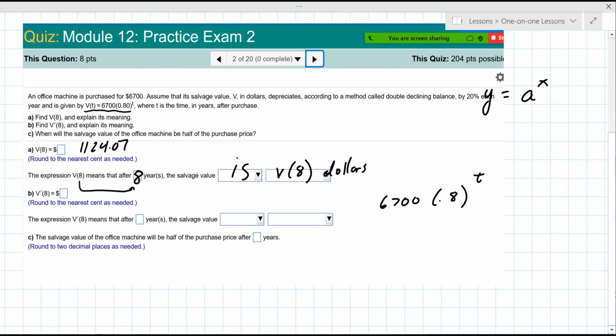The derivative is the number to the variable times the natural log of the base. It's the original function times the natural log of the base. It's not a power like you're used to, x to the n. This is n to the x, which is different.